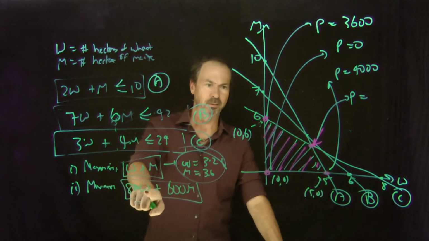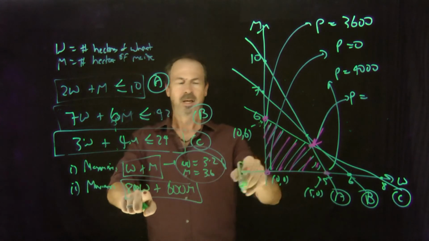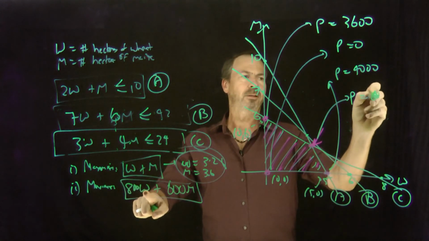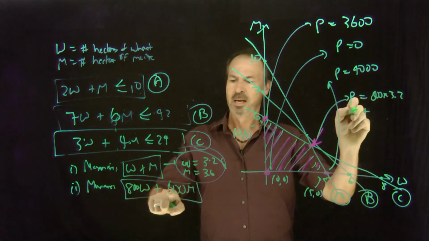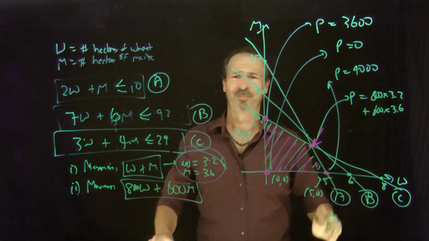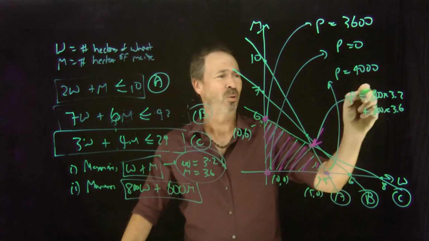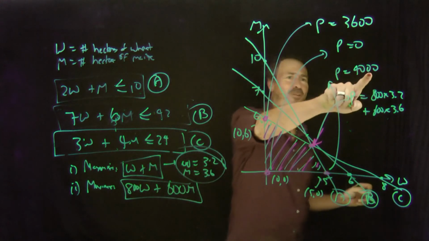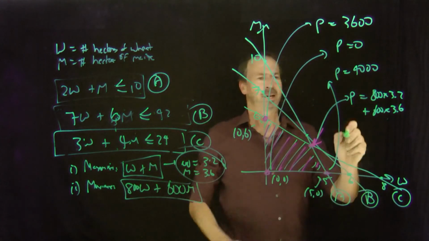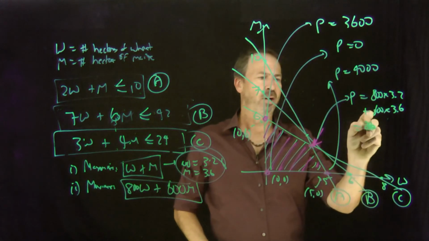800 times W. What was W? Oh, W was 3.2. 800 times 3.2 plus 600 times 3.6. Do you know what? I really don't like these questions. These are so awkward. Can we beat 4,000? That's all we need to know. Okay, 800 times 3 is 2,400.